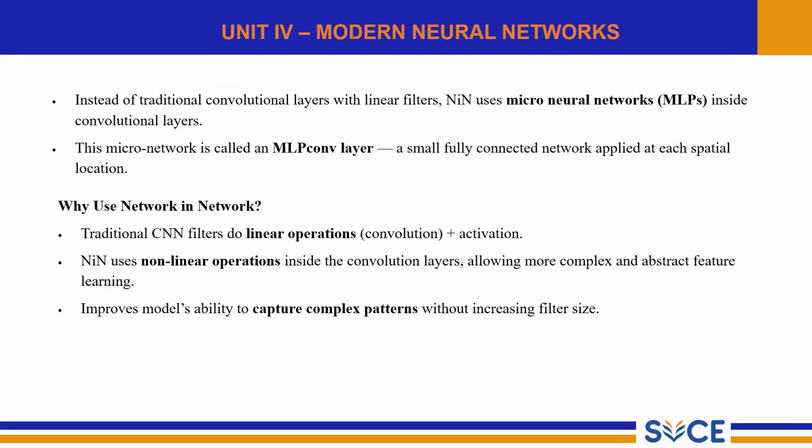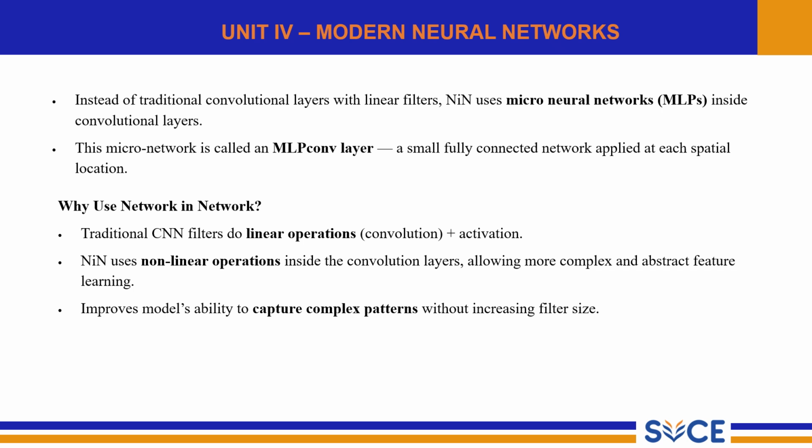So, network in network, or NIN. In a standard convolutional neural network, convolutional layers use linear filters to scan the input, followed by a simple activation function like ReLU. These filters capture basic patterns such as edges and textures, but their operations are fundamentally linear.